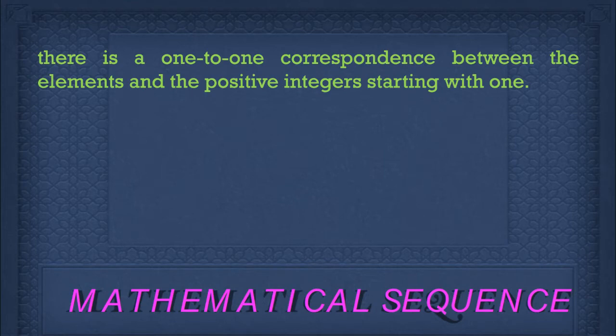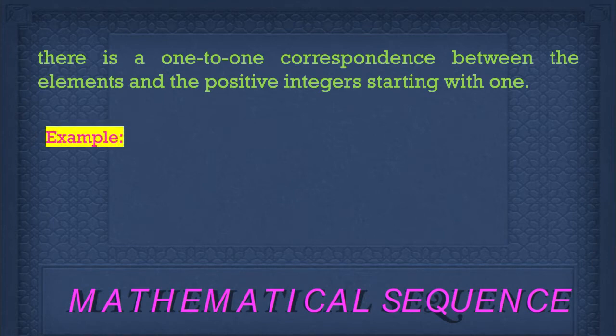So when we say there's a one-to-one correspondence between the elements and the positive integers starting with 1, it's the idea that numbers correspond to specific quantities. For example, in playing a game, a player counts dots on the die and jumps 5 spaces on the board because 5 dots correspond in quantity to 5 jumps.